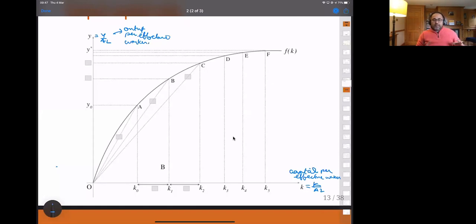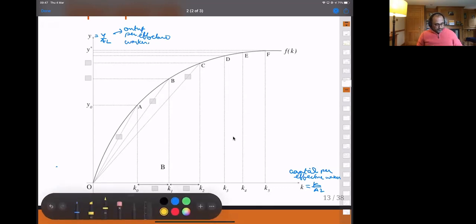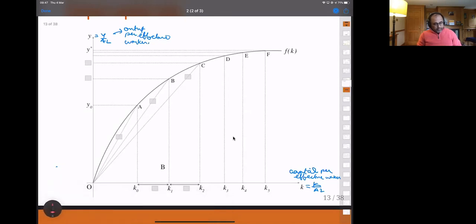And what this graph is saying is simply this: if you move from K0, the original capital stock per worker, to K1, the production function of the economy or the firm would move from A to B.